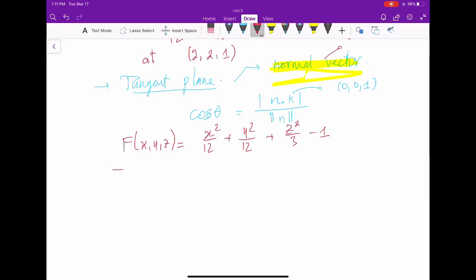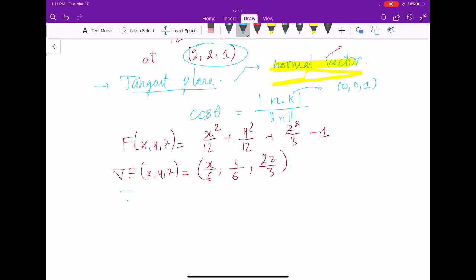The gradient of F is x over 6, y over 6, and 2z over 3. And then I plug the point (2, 2, 1) into this.